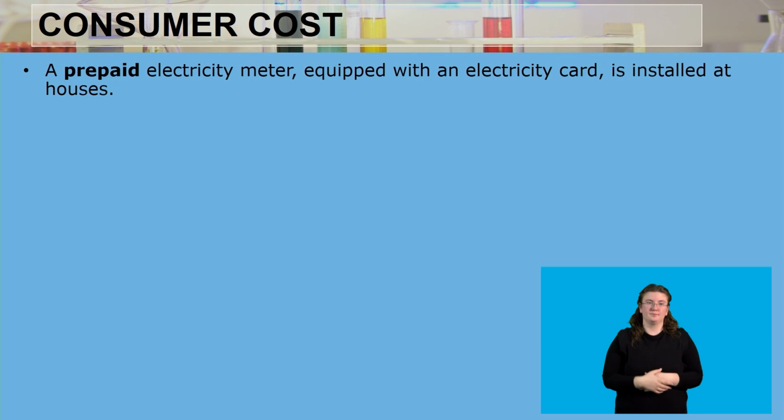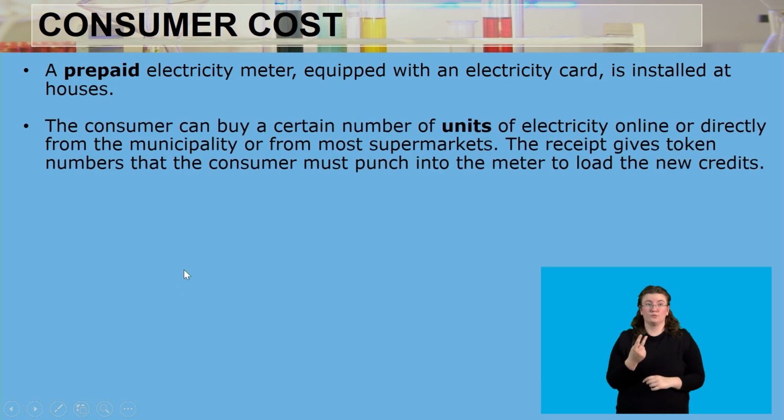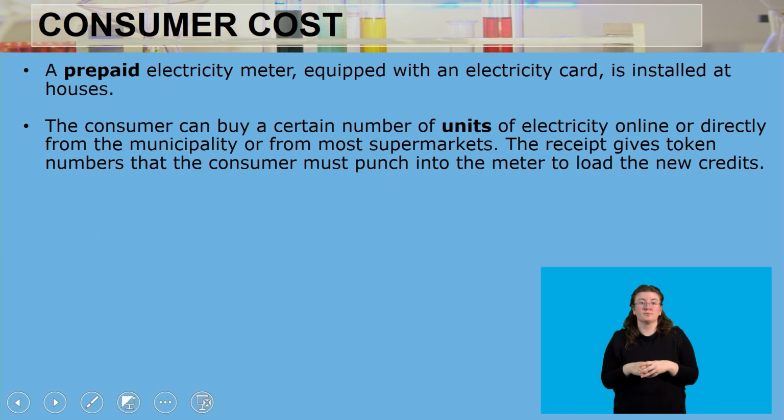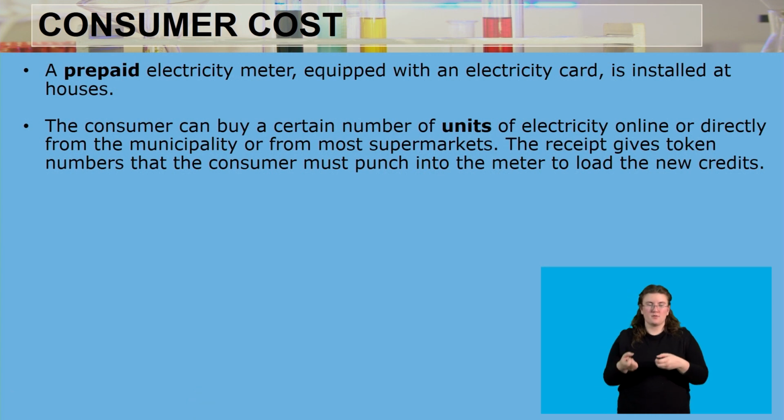So a prepaid electricity meter equipped with an electricity card is installed at houses. Furthermore, the consumer can then buy a certain amount of units of electricity online, directly from the municipality, or from most supermarkets. Then the receipt gives token numbers that the consumer must punch into the meter to load the new credit.